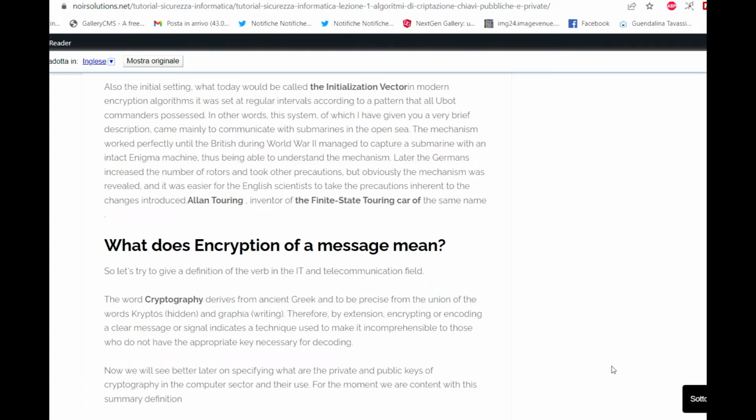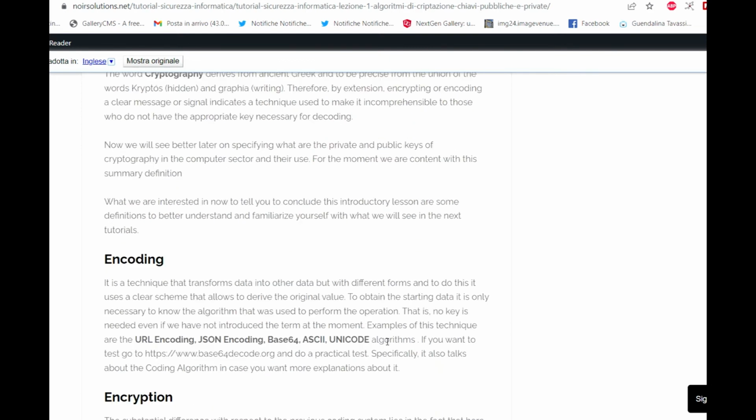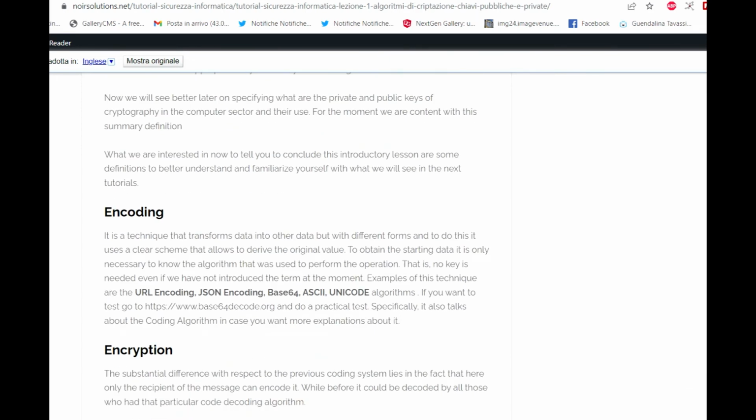Now we will see better later on, specifying what the private and public keys of cryptography are in the computer sector and their use. For the moment, we are content with this summary definition.